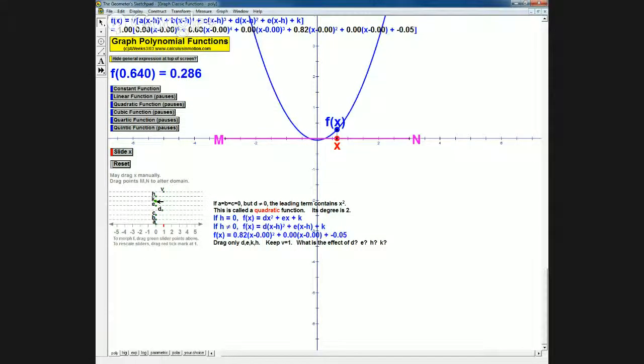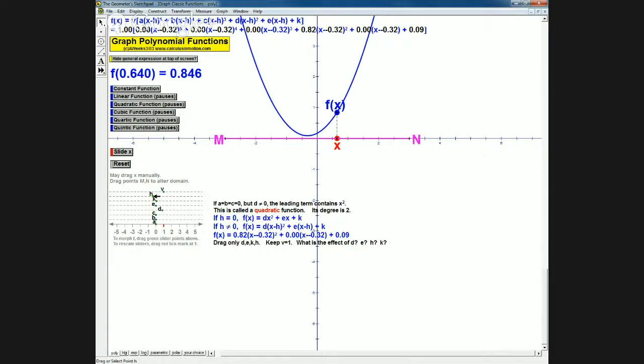What if I move it left 2? It's x plus 2 in parentheses squared.